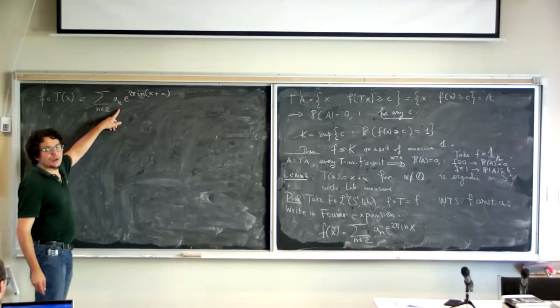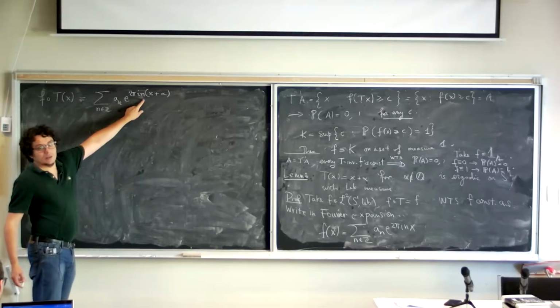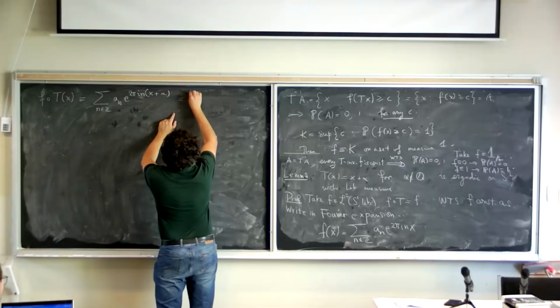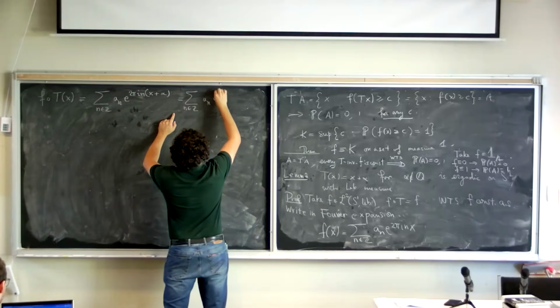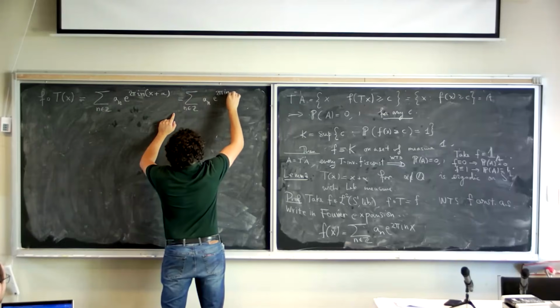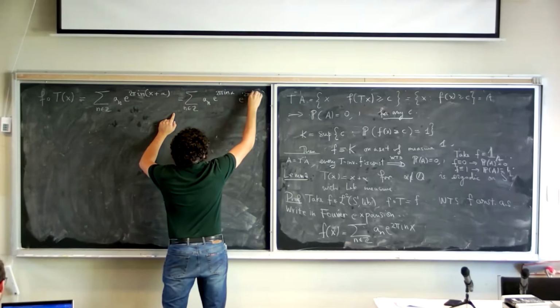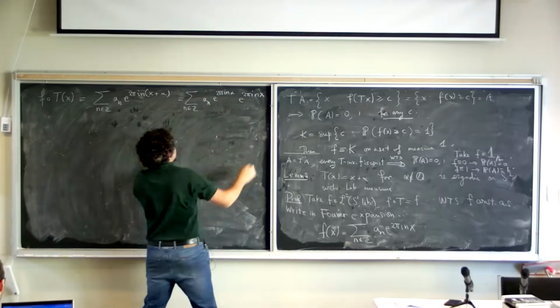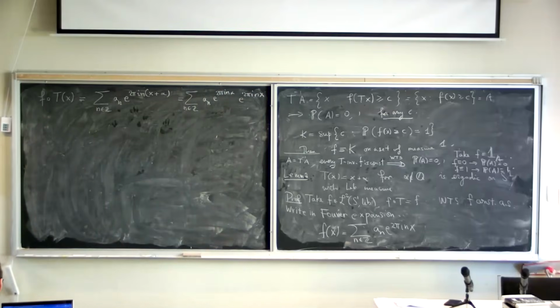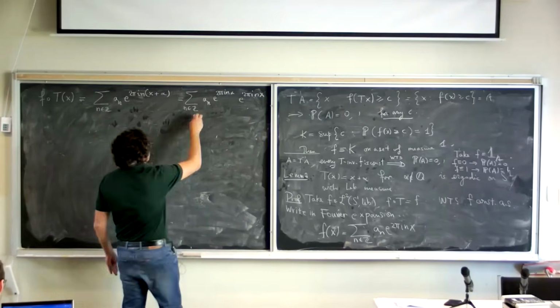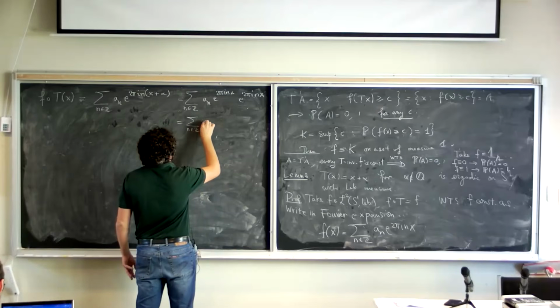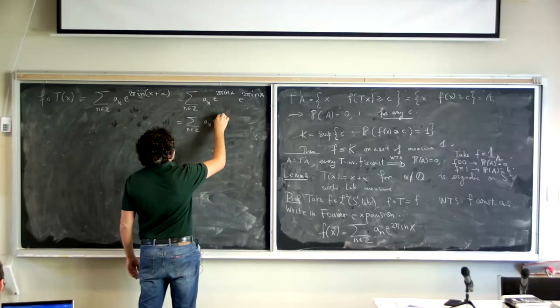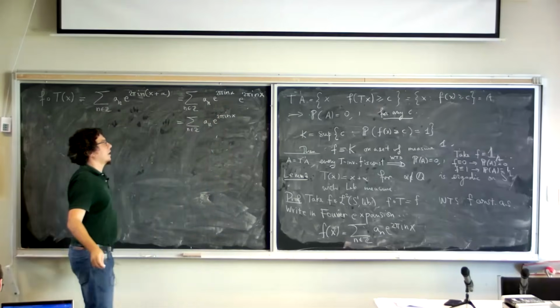And this is also a Fourier representation. We can write it as a_n e to the 2 pi i n alpha times e to the 2 pi i n x. So this changes the coefficients in the Fourier expansion. And by what we said before, this has to be the same as the sum over n in Z of a_n e to the 2 pi i n x.